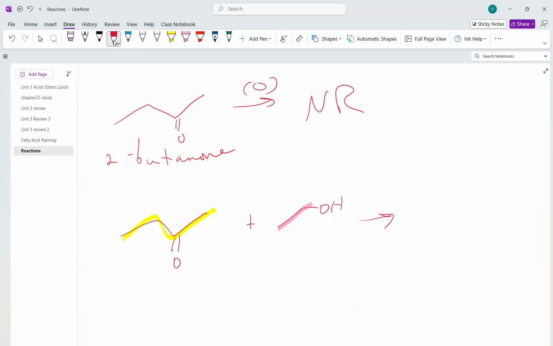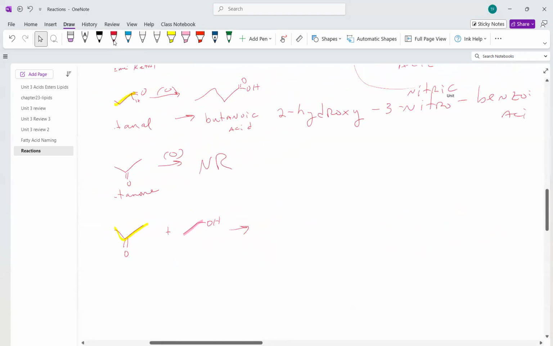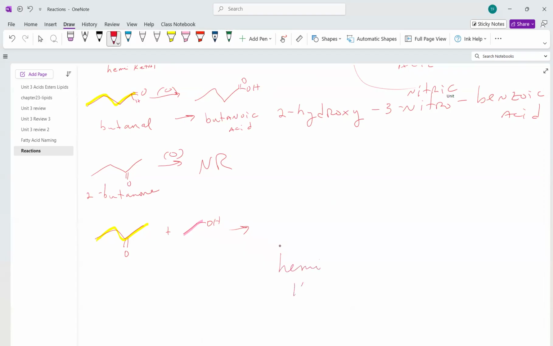What do we make? A hemiketal. So what happens if we keep that environment?